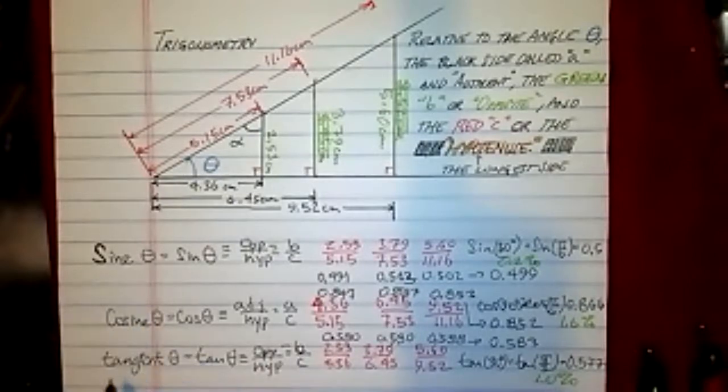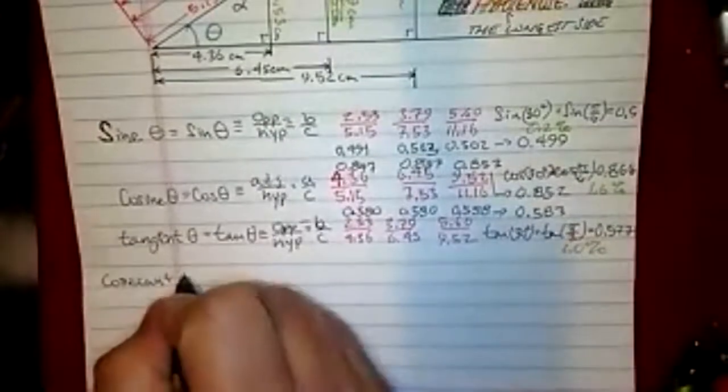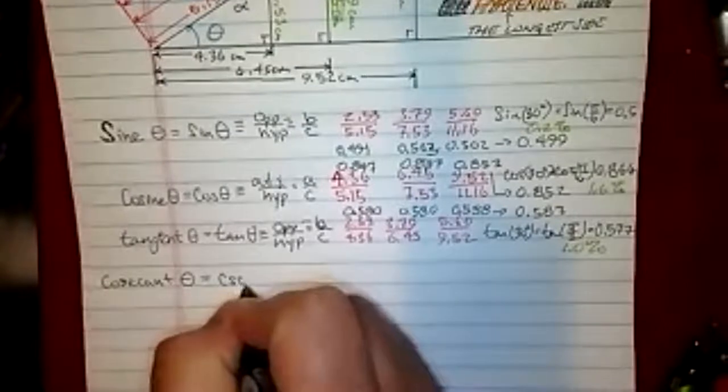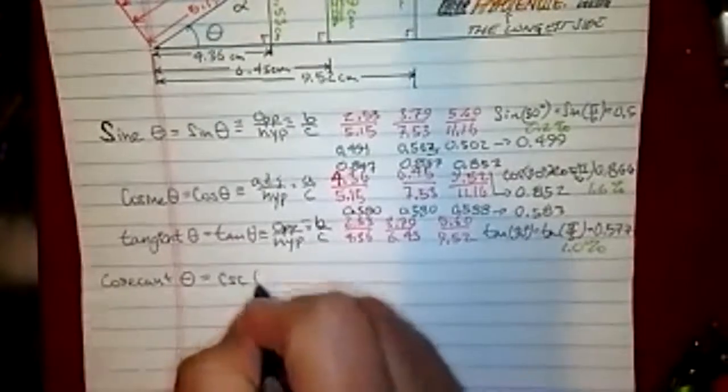Now, in addition to sine, cosine, and tangent, we have cosecant, which is spelled that way. Cosecant of theta, which is abbreviated CSC of theta.